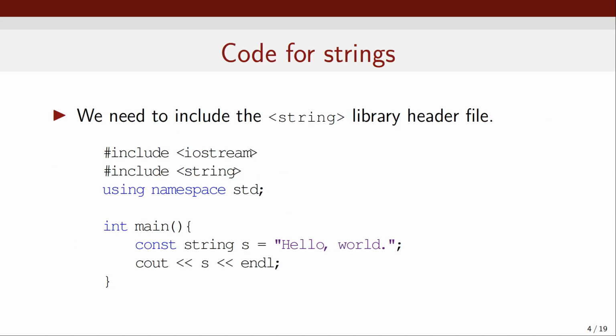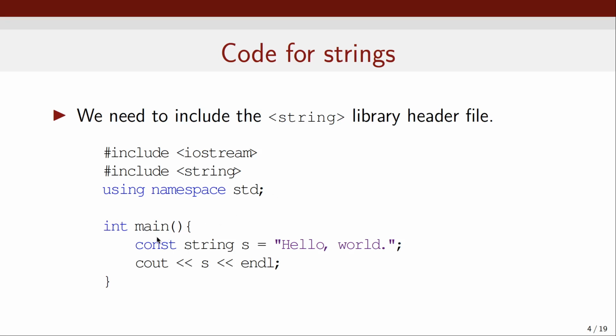Here's an example of code for strings. First, we need to include the string library header file. So we do that using the command include and then string in angled brackets. And then, of course, we also include the IOStream and namespace libraries.